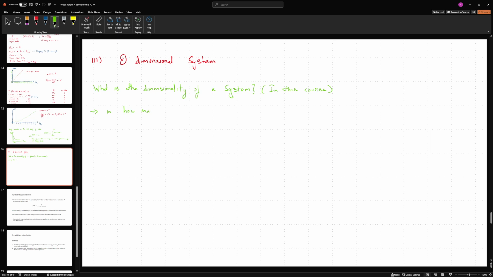How many directions can the electrons in the material move freely?